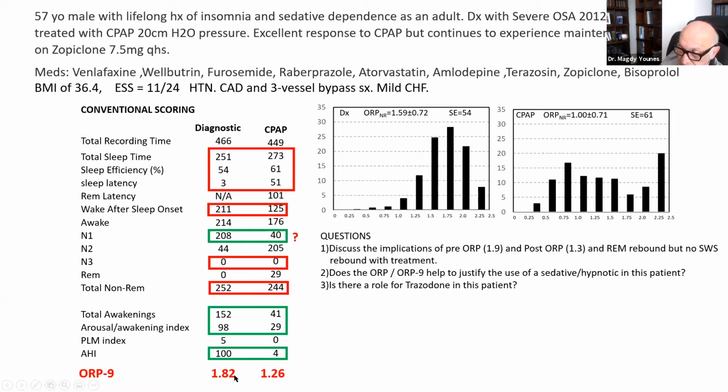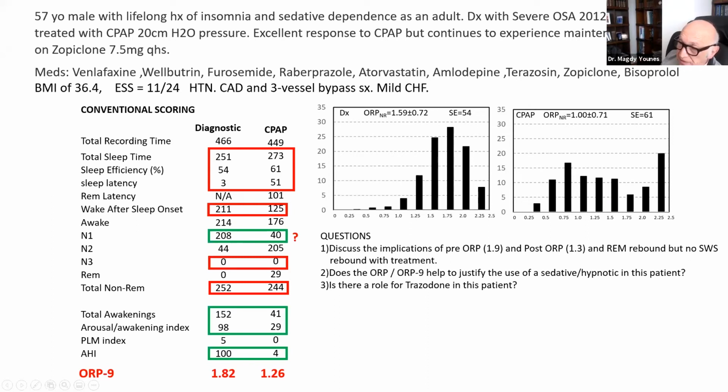And in our first report of ORP9, we said that if you put patients on CPAP in a split night study, the ORP9 doesn't change, even though the arousal awakening index goes down a lot. So I thought that ORP9 is a trait, but it turns out that when the apnea hypopnea index and the arousal index are more than 50, ORP9 is not accurate.